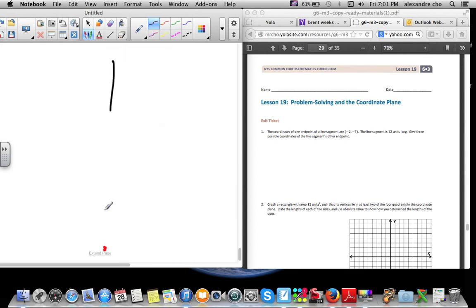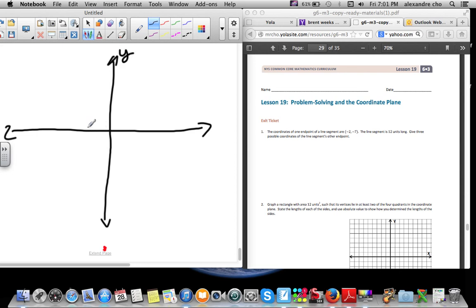Here's my y, and there's my x. All right, so -2 and -7. So -2 will be to the left, 1, 2, and 7 down, 1, 2, 3, 4, 5, 6, 7. Right here will be -2 and -7.